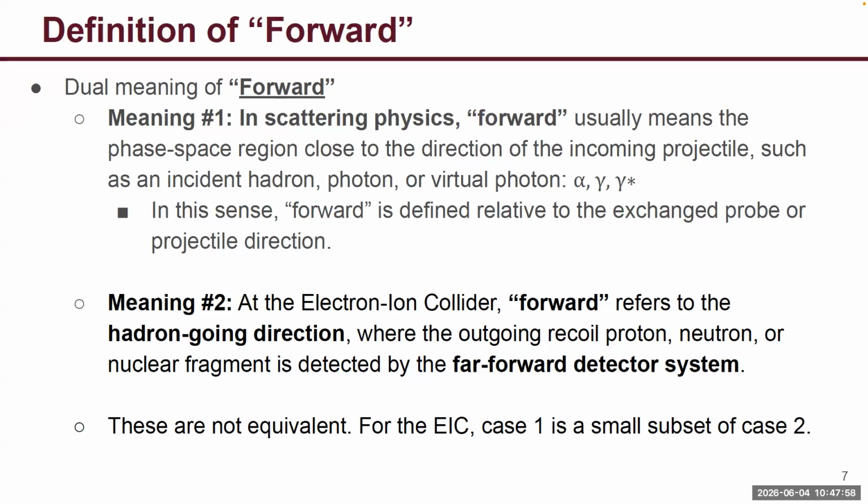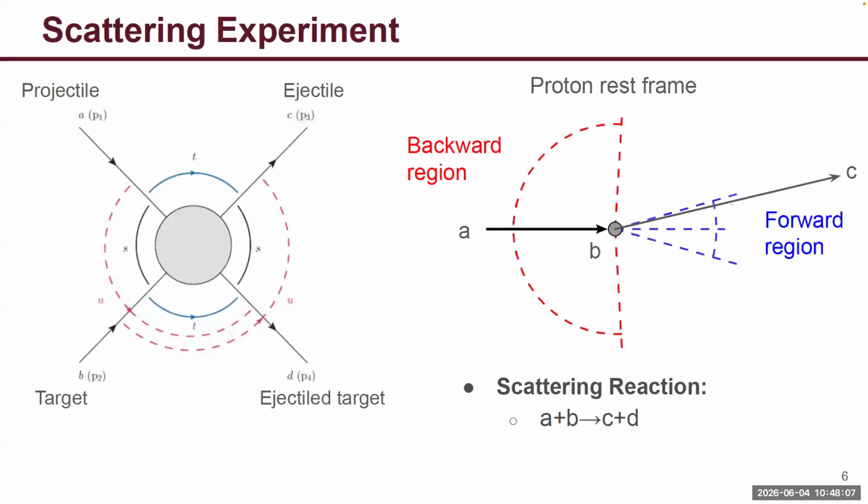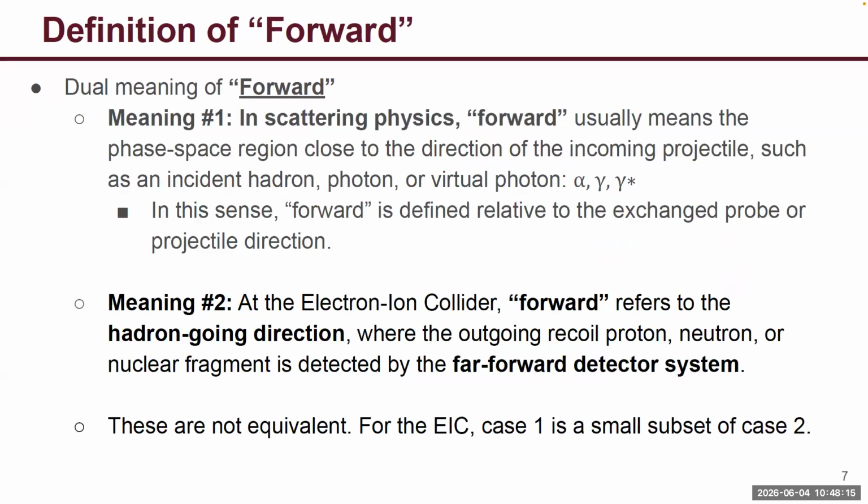This is basically the phase space, or the physical space, covered by the region that is in the direction of your projectile after the interaction, and this space defines forward. And then in the EIC context, forward means something different.